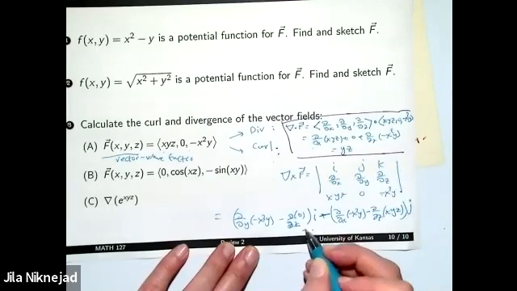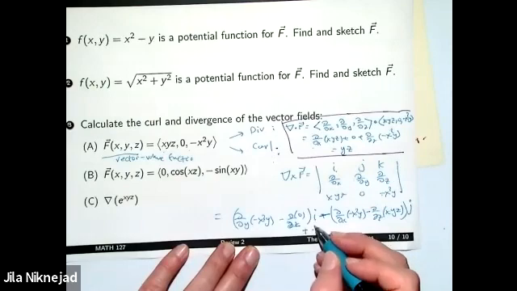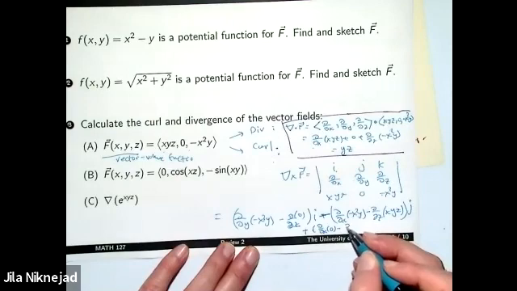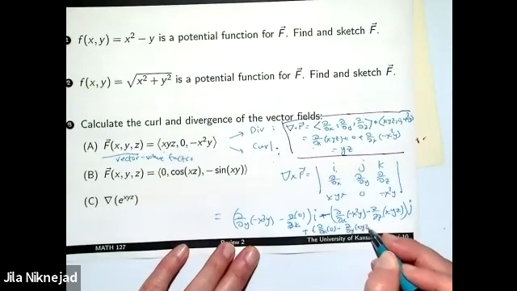And then the last one is for k, which I get partial with respect to x of 0 minus partial with respect to y of x, y, z.